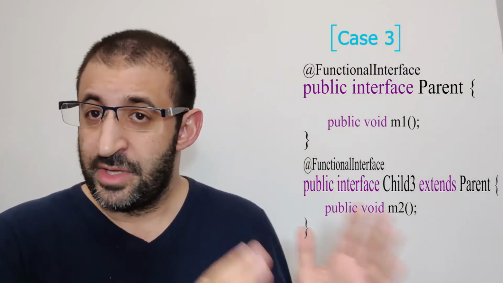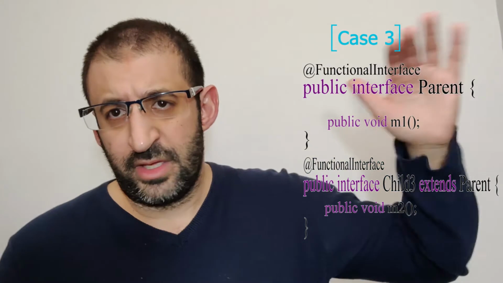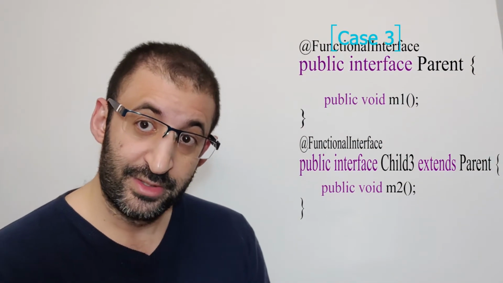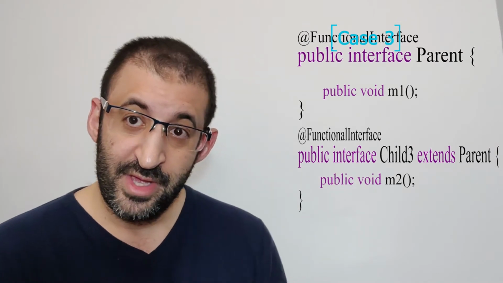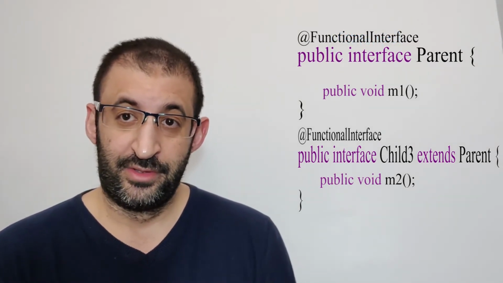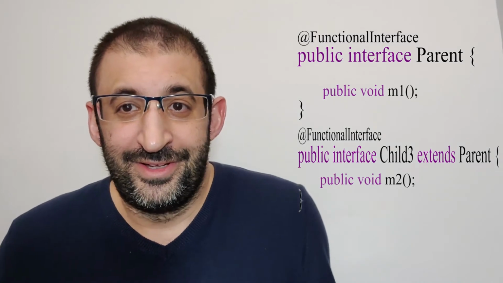What is the third case? Case 3 is that I have always my parent with the M1 abstract method, always the same thing, with the annotation functional interface. And in the child, I have the M2 abstract method. Here, I think we got an error.